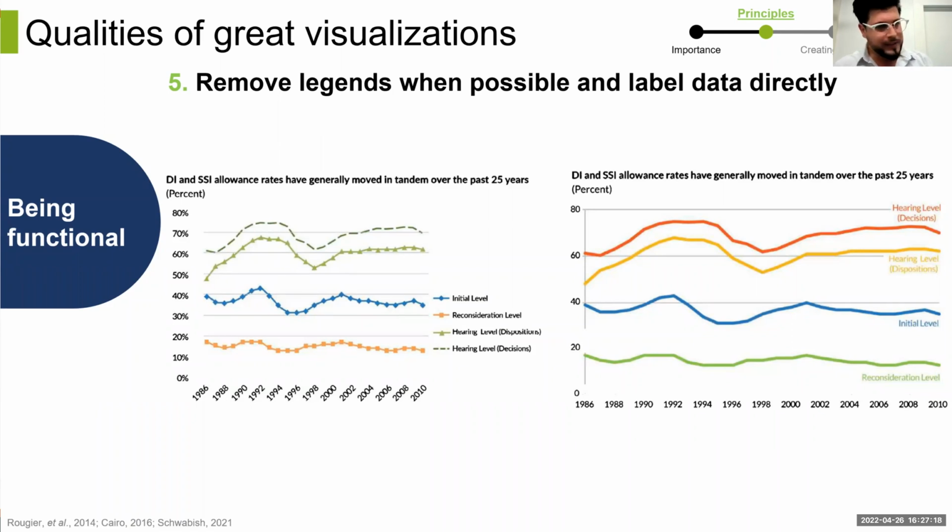In some cases, removing the legend is not possible, and a bar chart with several categories or a map with different colors, for example, requires a legend because directly labeling the data on the chart would add too much clutter, right? So in these cases, at least keep the order of the legend consistent with the order of the data, and the colors need to be the same.